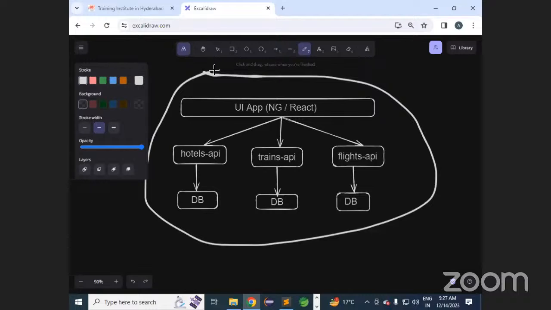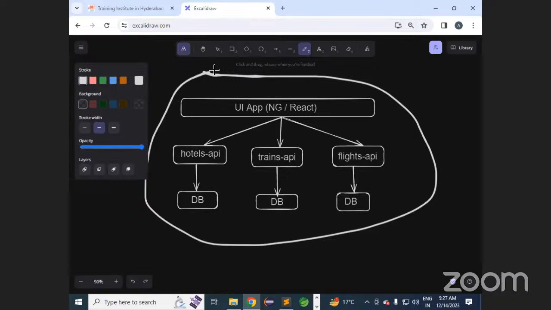In the front end, one project will be available. In the back end, multiple projects will be available. Instead of calling them multiple projects, people call them microservices.